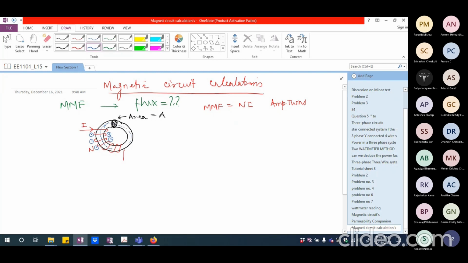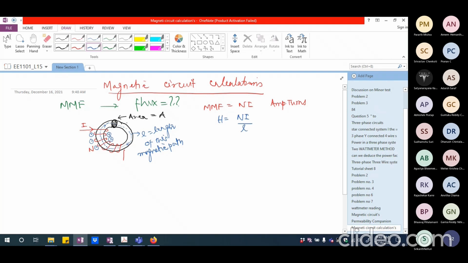I'm taking only one line, along the mean circumference, and I call that line's length L. So L is going to be the length of this magnetic circuit or magnetic path. So I can say that H in this particular case will be Ni divided by L.